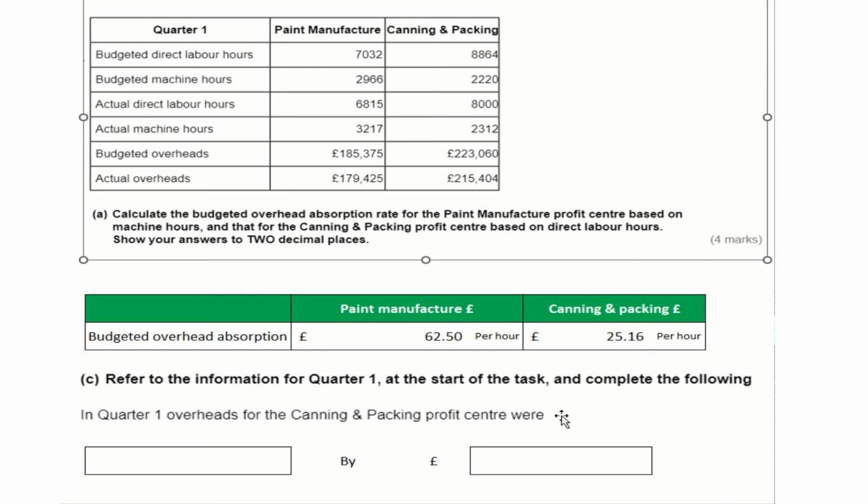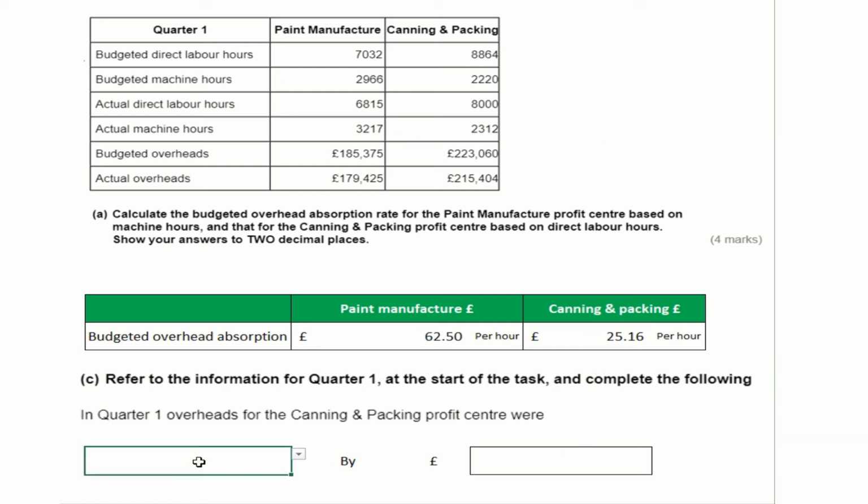So 25.16 times 8,000 is 201,280. Compare it to the actual overheads of 215,000 and you can see it was under absorbed straight away.